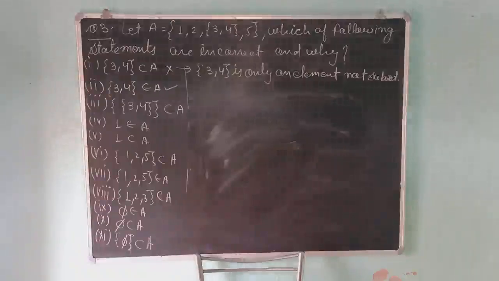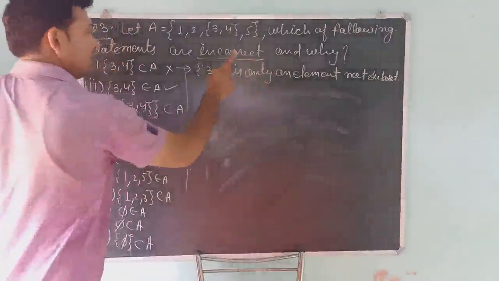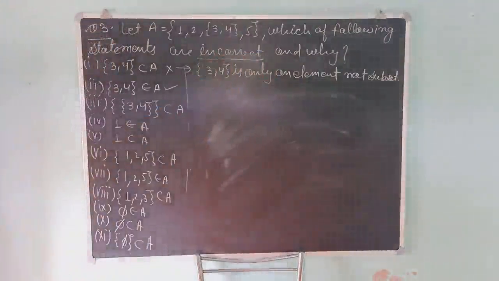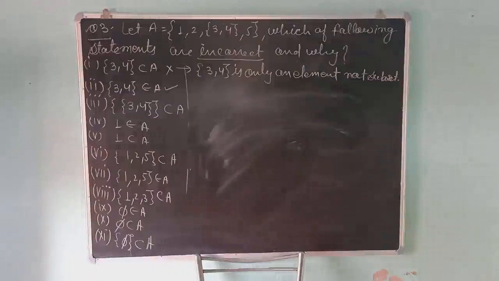But you don't have to tell why these are correct. We have to tell the reason only if a statement is found incorrect. Otherwise, if a statement is correct, you don't have to tell why.